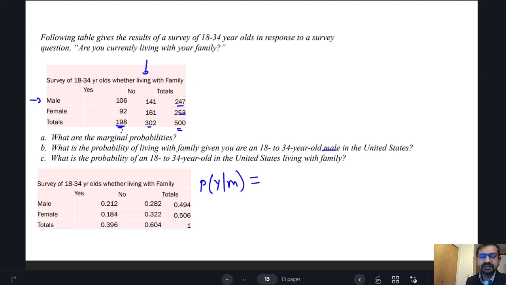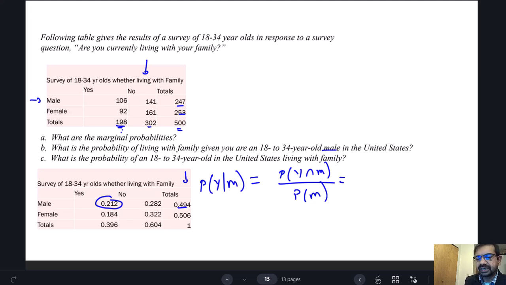And we can use this table to easily calculate that. This is the intersection of male and yes, and male is given by this marginal probability. So this is given by, again, if we want to be more formal, we can write y intersection m and probability of m. And again, we said things along the columns are the marginal probabilities.